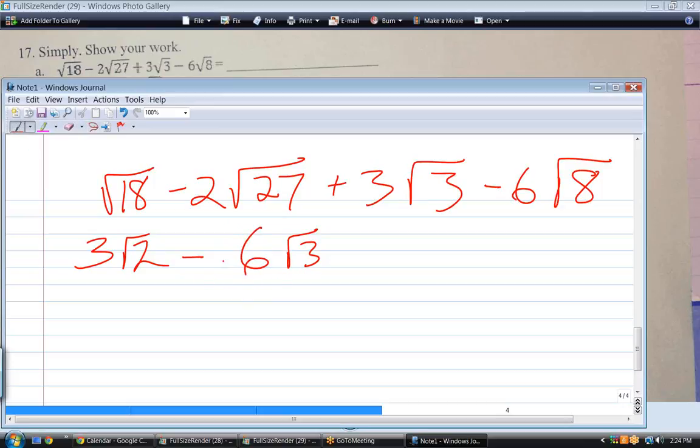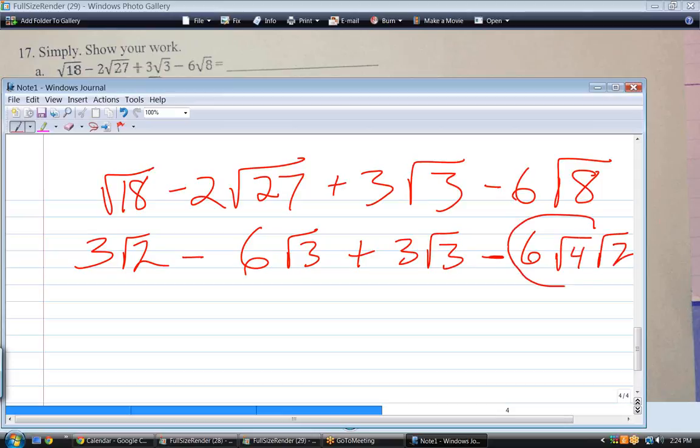Still can't do anything with these two things because this is a square root of 2, this is a square root of 3. But now we have more square roots of 3. And square root of 8 becomes what? Square root of 8 becomes 4 and 2. Square root of 4, square root of 2. What's this become? It becomes 12.